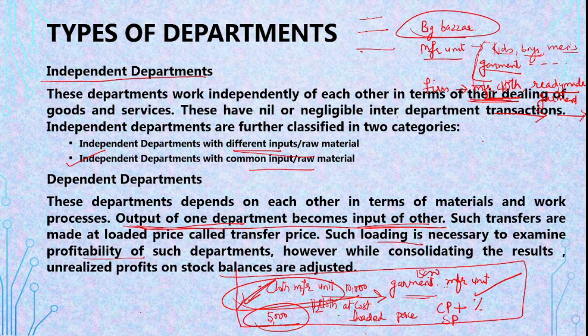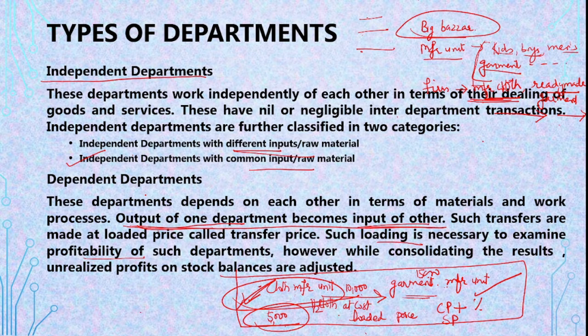So when we are given a problem on dependent departments, we will come across a problem of transfer pricing. This can be referred to as loading, as stock reserves, or as the problem of transfer pricing. So transfer pricing can be a concern in case of dependent departments. Now why am I explaining all this? Because ultimately, when we are solving the practical questions, we will have these types of departments given to us.